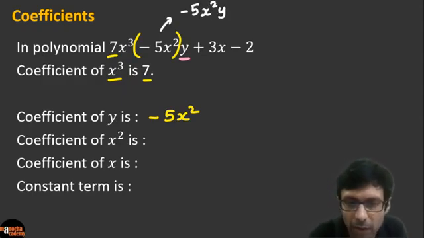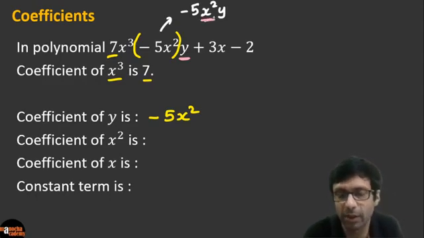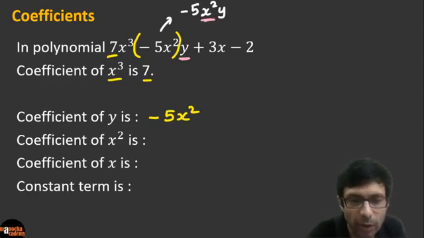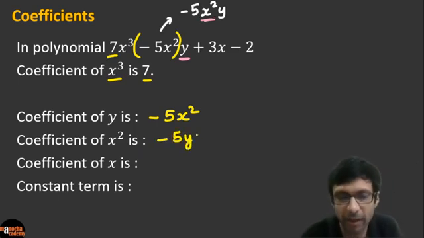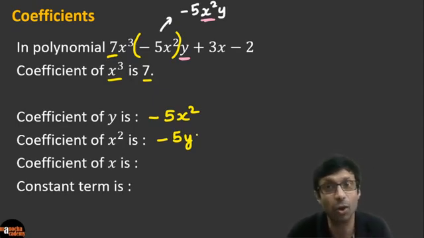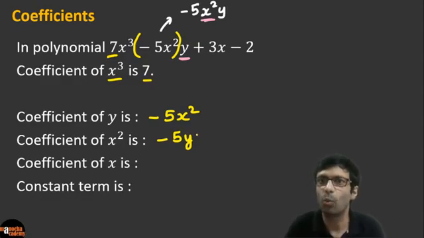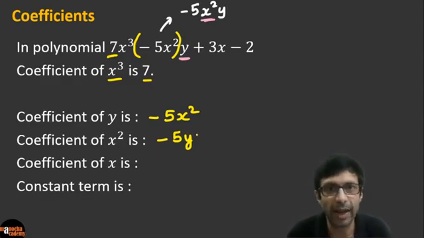We'll look at that and see what is the remaining part. The remaining part, guys, is simply minus 5y. So the part that remains, very good. I see a lot of you have written minus 5y, and note, guys, it's not minus 5. You have to include the y. In that term, whatever is remaining, clear? Okay. Now what is the coefficient of x in this polynomial?